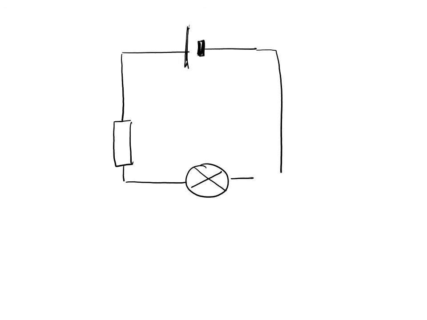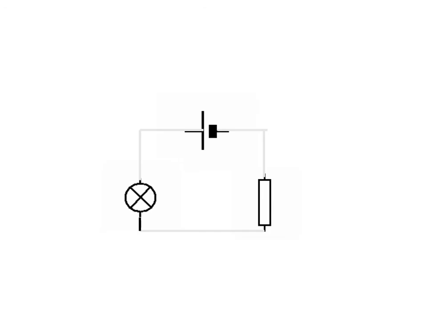I wanted a lamp and a resistor. So I'm going to draw a resistor and a lamp. There we are. Right, let's see how the answer looks. Brilliant, we had our cell, our resistor and our lamp all connected.